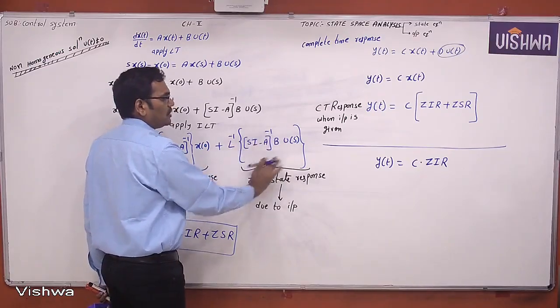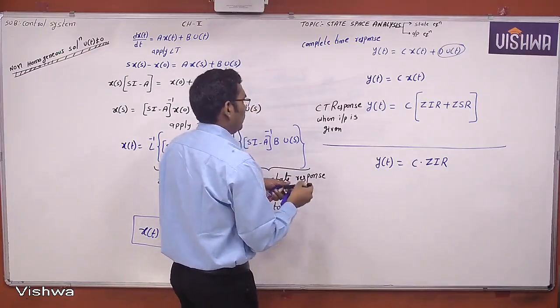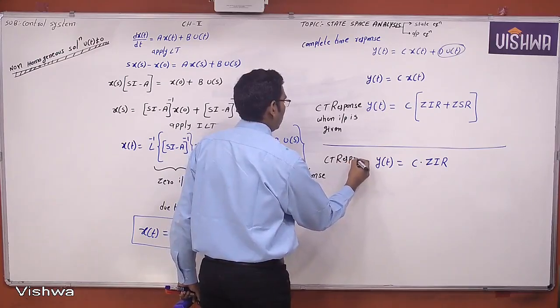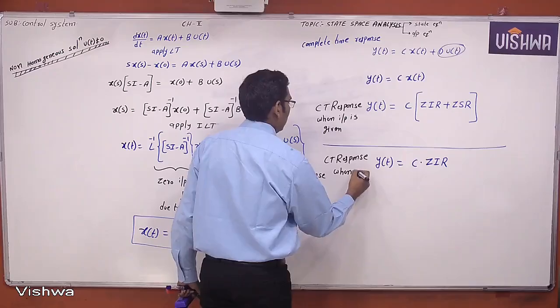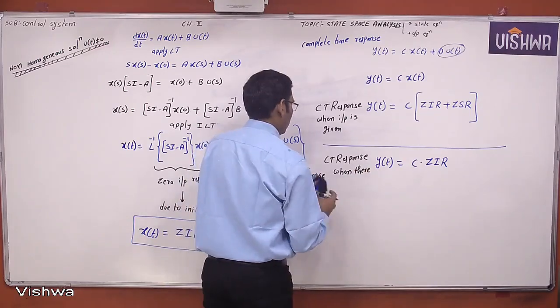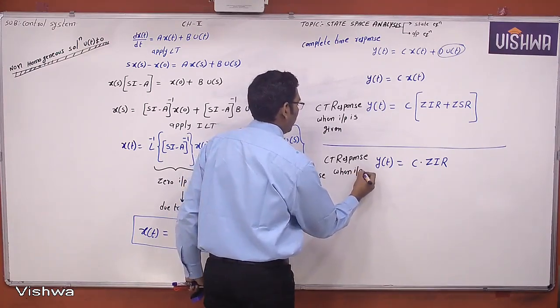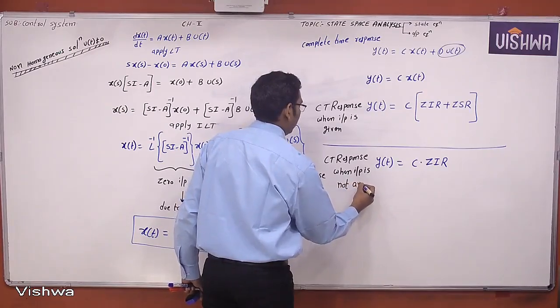So this is zero, this is not there. So this is the complete time response when there is no input, when input is not available.